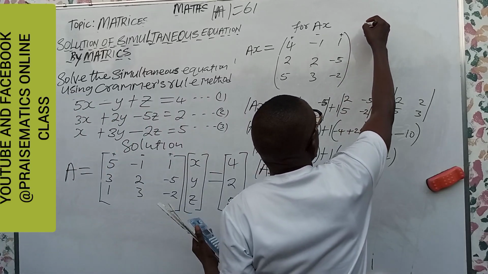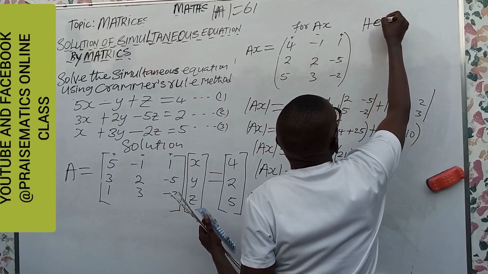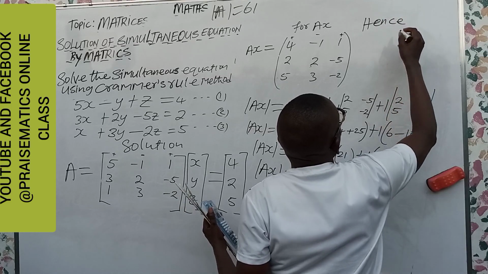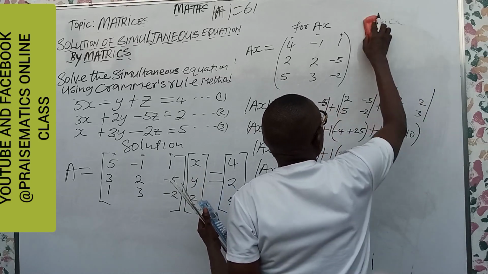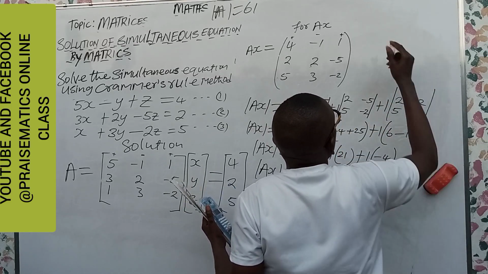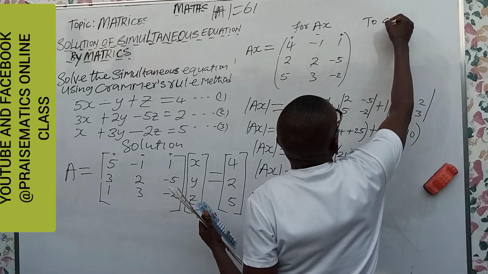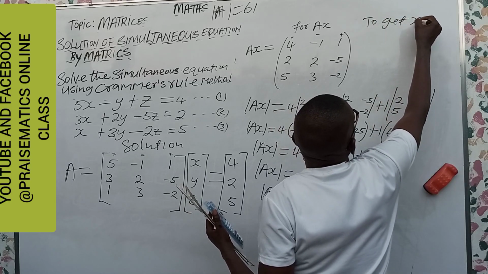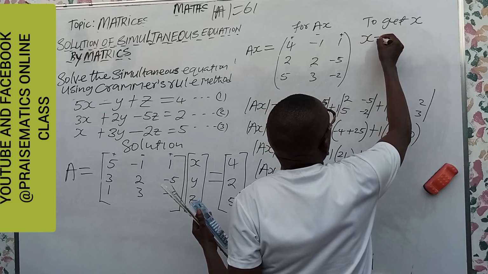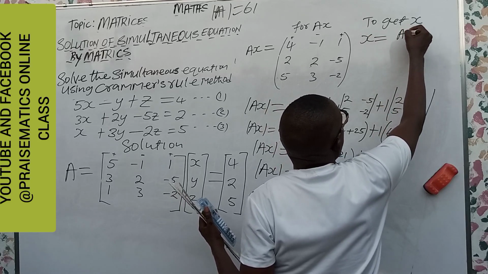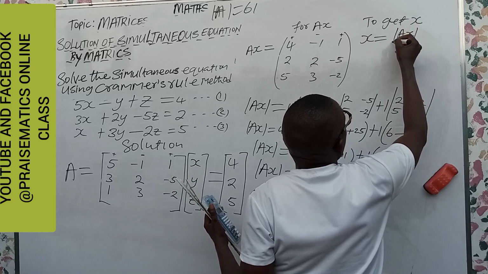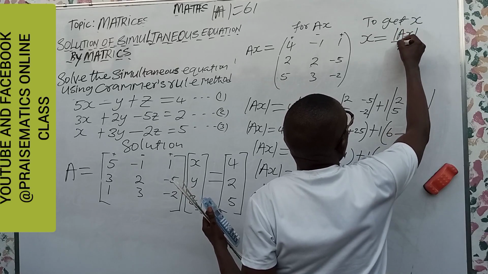Hence, to get x, what do we have? Our x formula is x is equal to Ax determinant divided by A determinant.